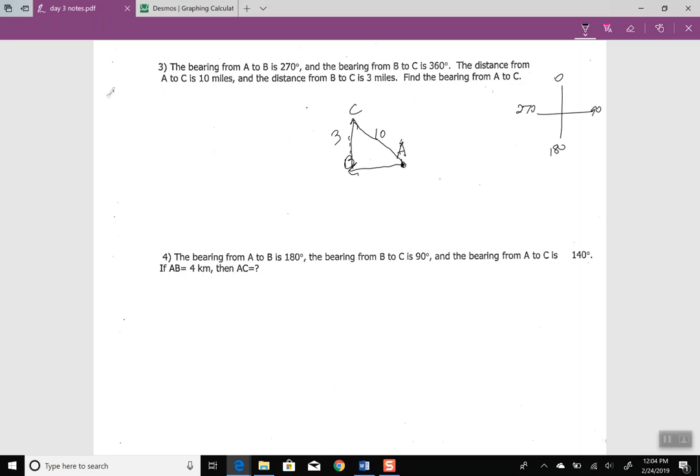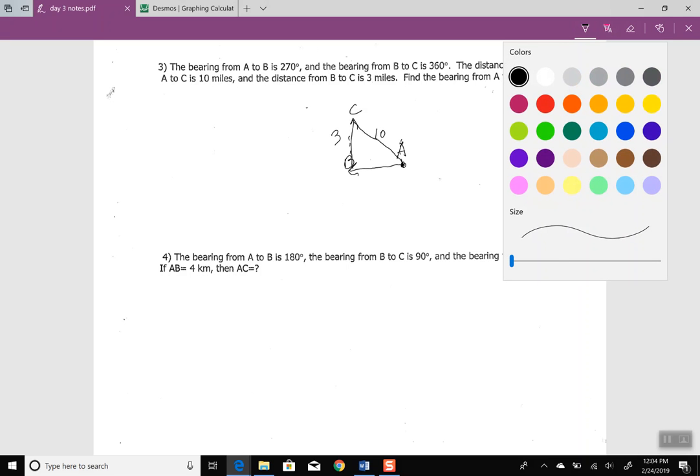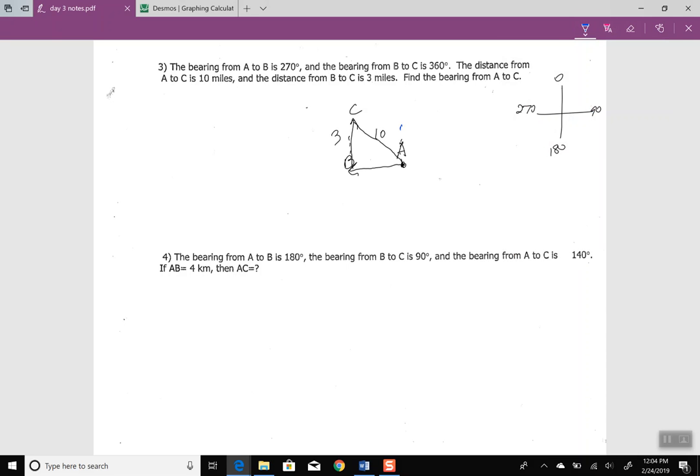Okay? So let's think about what that looks like. If I think about, say, due north right here, to go from A to C would be all the way here, which I already know is 270. And then that last little part to get to C, that's going to be this angle in here.